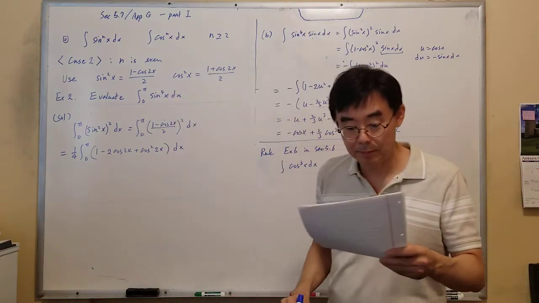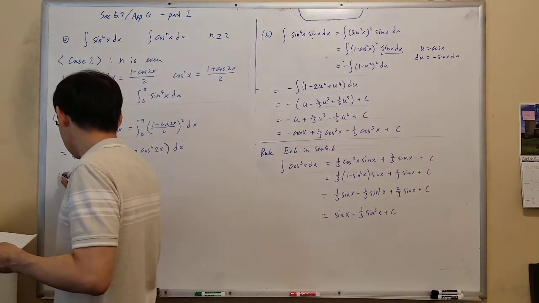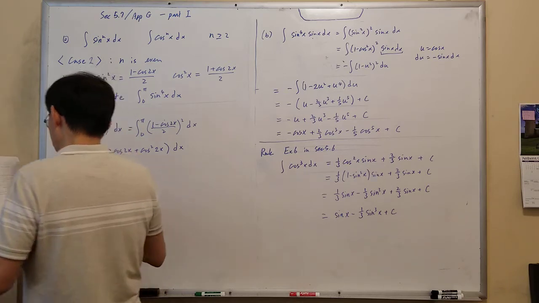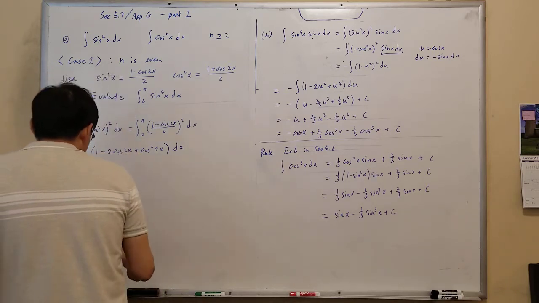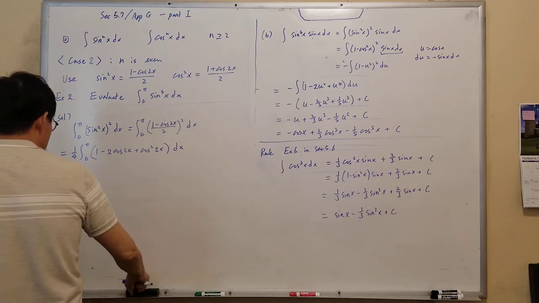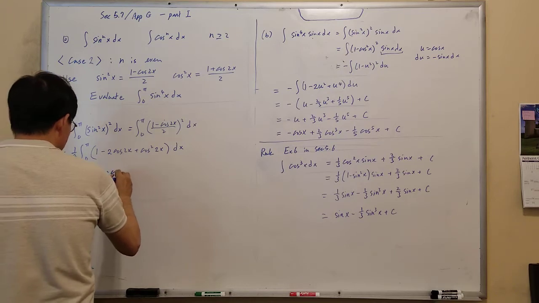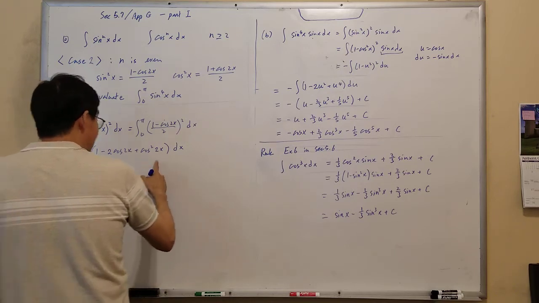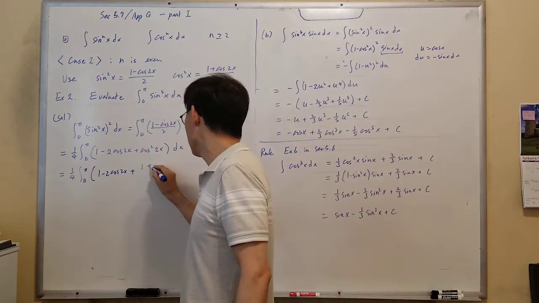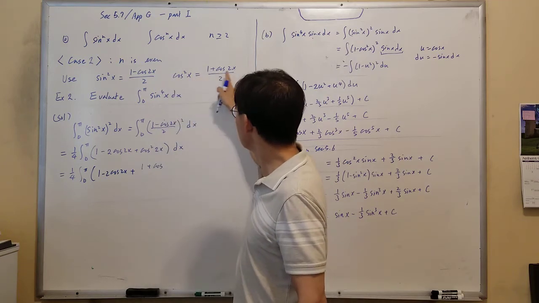Okay? And then this one, from 0 to pi, 1 minus 2 cosine of 2x. Now, this one, again, we have to reduce the power one more time. 1 plus cosine of twice this angle, right?